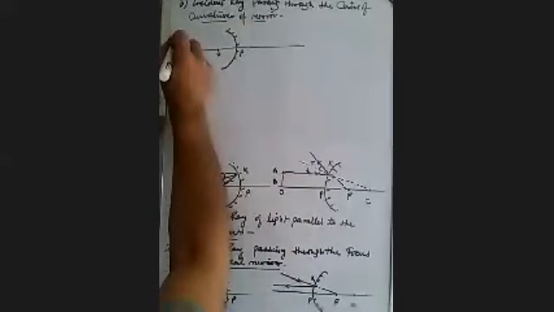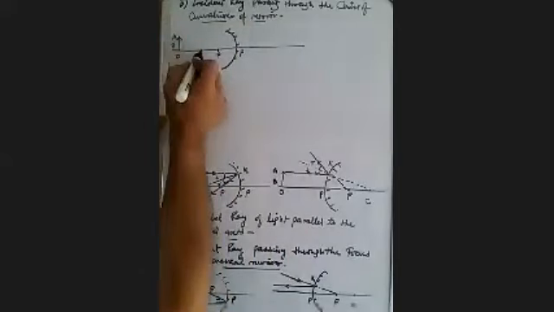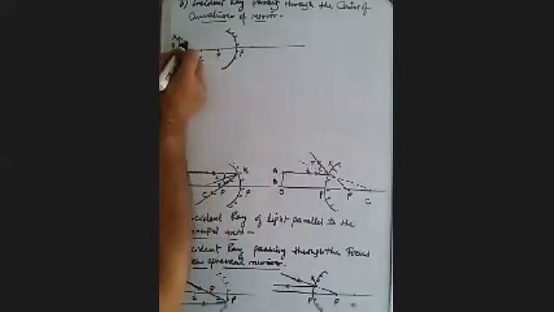Suppose this is the object at point O, AB. We are considering a ray coming from A, but this ray is now passing through the center of curvature. Suppose the incident ray is passing through the center of curvature.